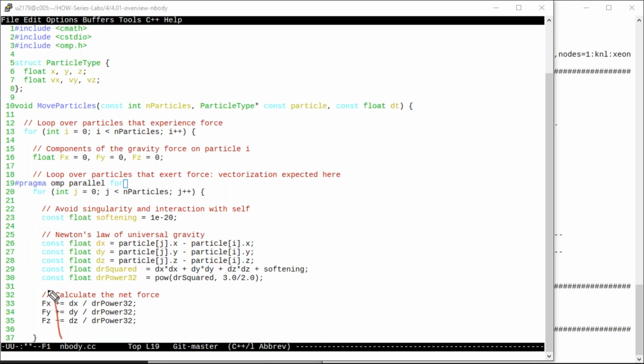But this is a data race. This is a data race because F is shared across threads. But thankfully, all that we do to F is increment it. And we saw in session number 4 how we can work around this using the built-in reduction clause. So we are going to declare that fx, fy, and fz are special variables.